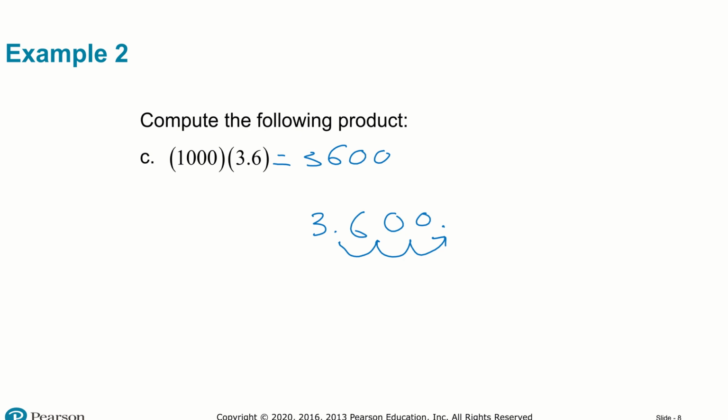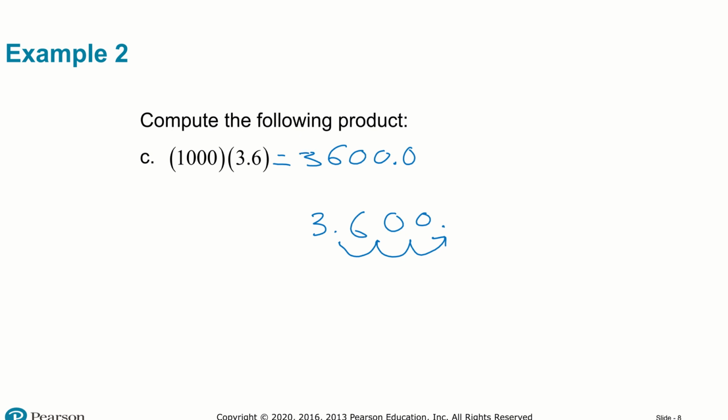Normally we like to present our answer with as many of what's called significant digits as in the original computation. So this one had 1 decimal place to the right, 1 unit to the right of the decimal place. So you would actually present it as 3600.0. That way they know the level of accuracy of the measurements.